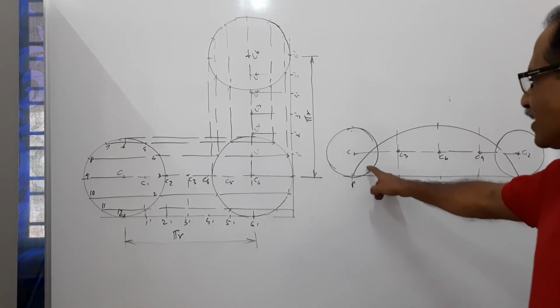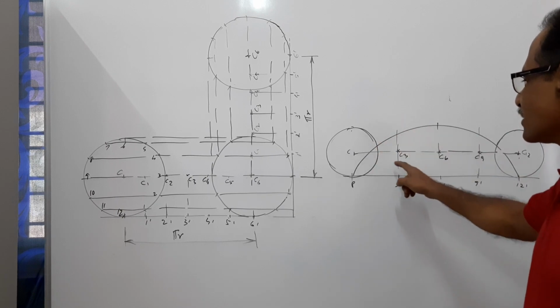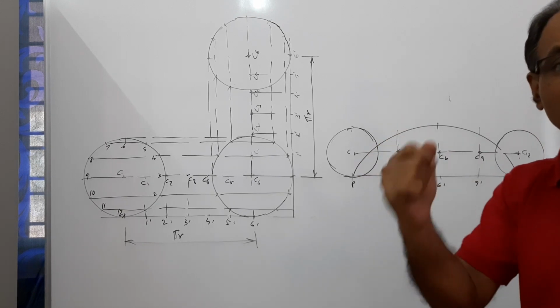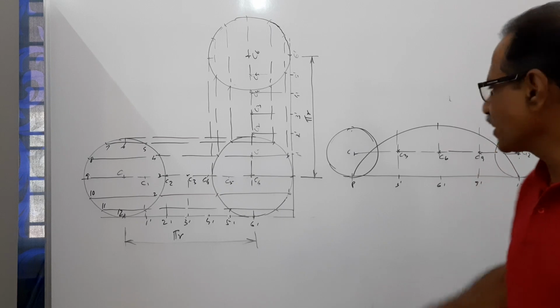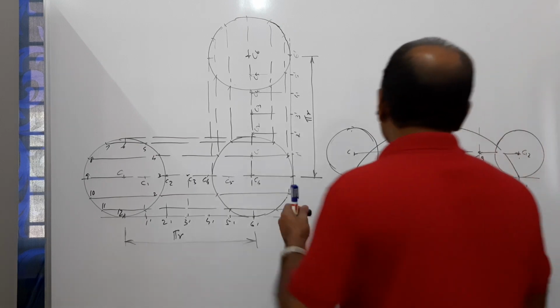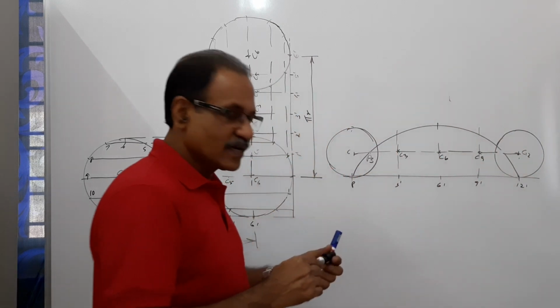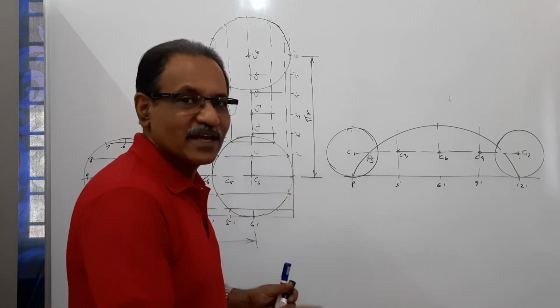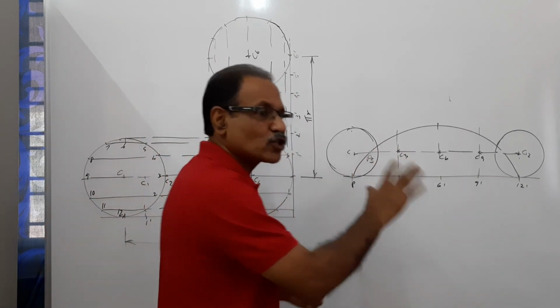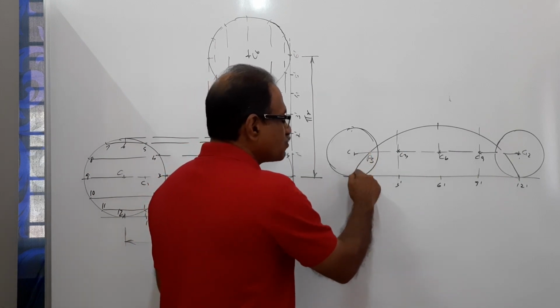Now, when this point 3 comes at 3 dash and the circle comes here, C is at C3 and where is P? Where is the tracing point? Is it here? No. It's not here, it is at P3. This is P3. What does it mean? When the circle rolls 1/4 of its circumference, the path traced by the point P is only this much, a small segment.